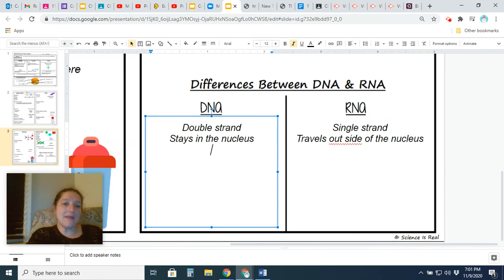And then when we talk about those base pairs, those nitrogen bases, DNA has 4 nitrogen bases, and those 4 nitrogen bases are A, T, C, and G. The A stands for adenine, T is thymine, C is cytosine, and G is guanine.